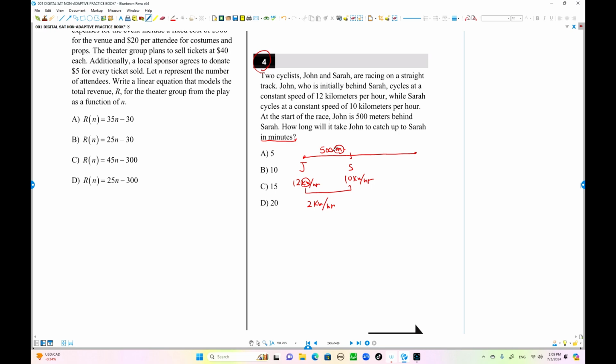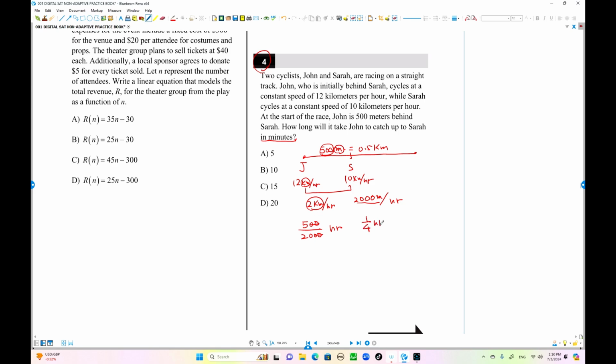Okay, but this is 500 meters. You can use 0.5 kilometer, or you can choose this one: 2 kilometers, 2,000 meters. You can use 2,000 meters per hour, right? I'm going to do this here. It's better. To travel this, 500 meters divided by 2,000, it takes 5 over 20, or 1 quarter hour, right?